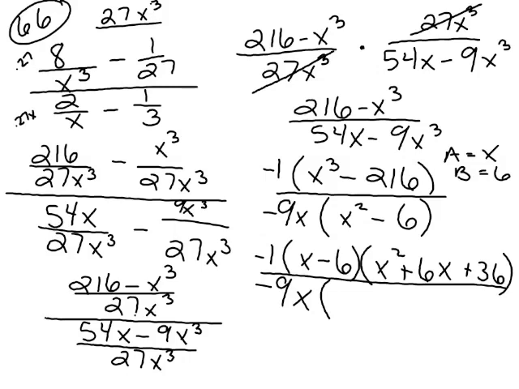I keep thinking there has to be a way. This has to simplify down one more time, but why can't I see it? -9x cubed plus 54x.